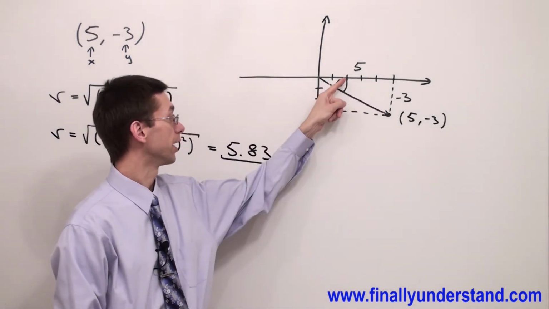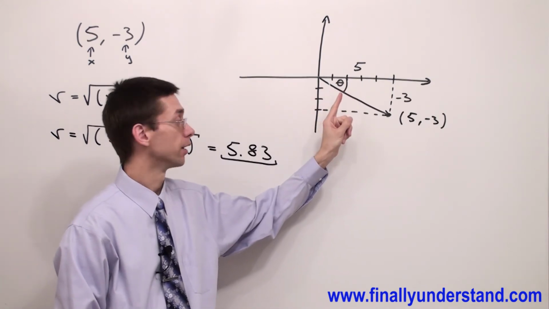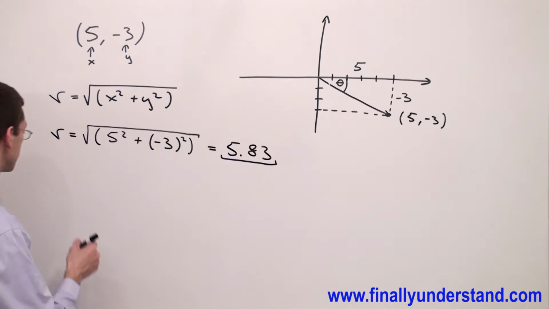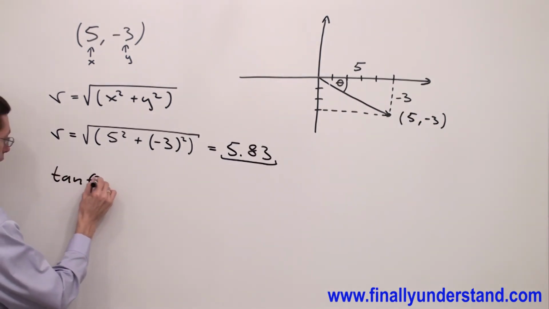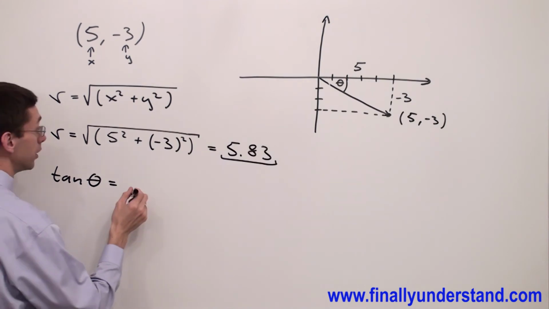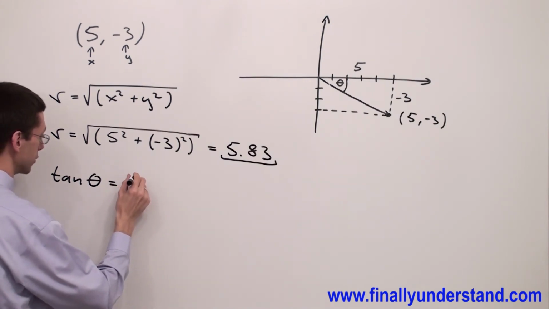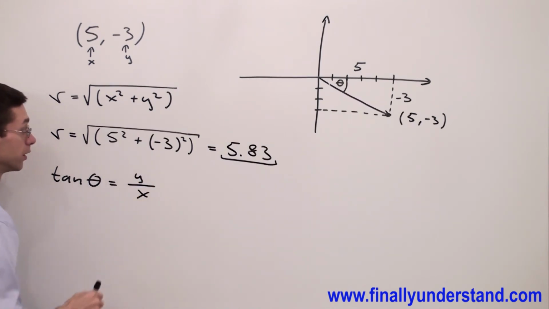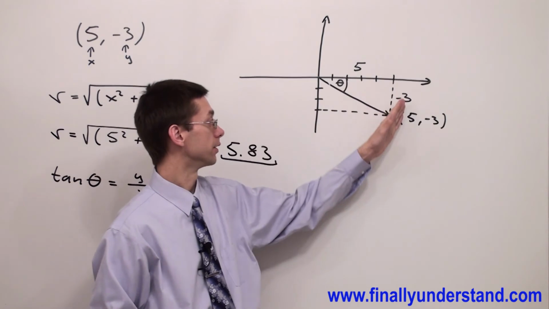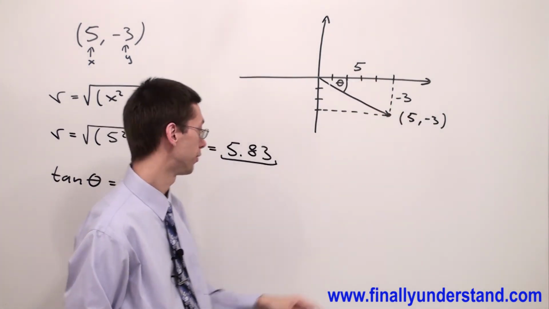In order to find the angle, you're supposed to use tangent. We said that tangent theta is equal to the opposite side over the adjacent side, in this case y over x, where y is equal to -3 and x is equal to 5.